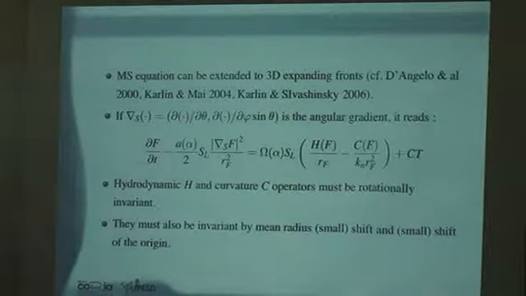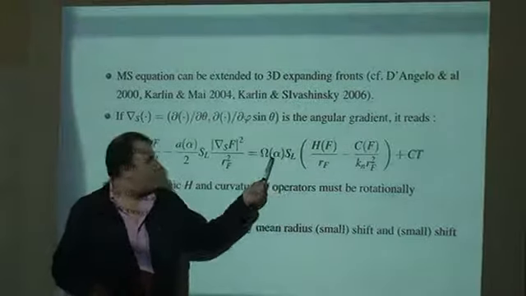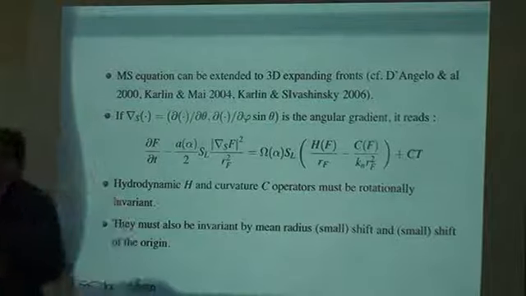What does hydrodynamic mean? The hydrodynamic term is the Landau instability. Then the curvature effects. And you still have the same parameters, S_L, alpha, and K neutral, which are physical parameters.